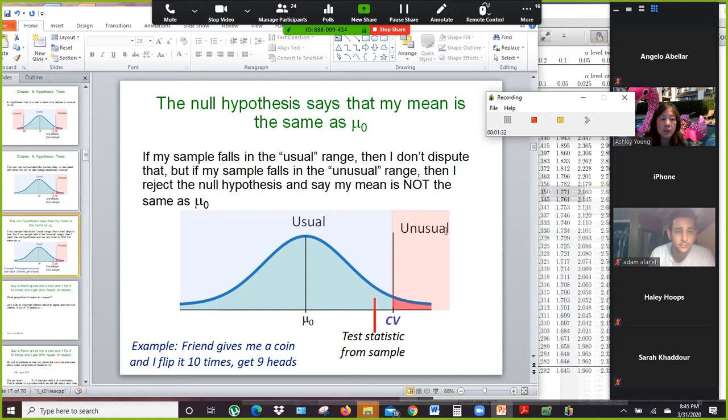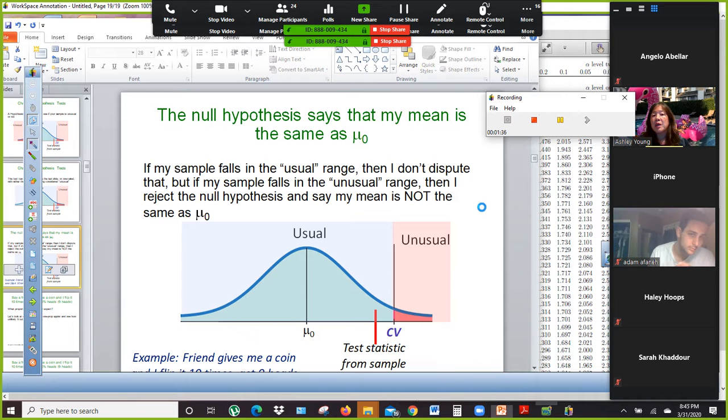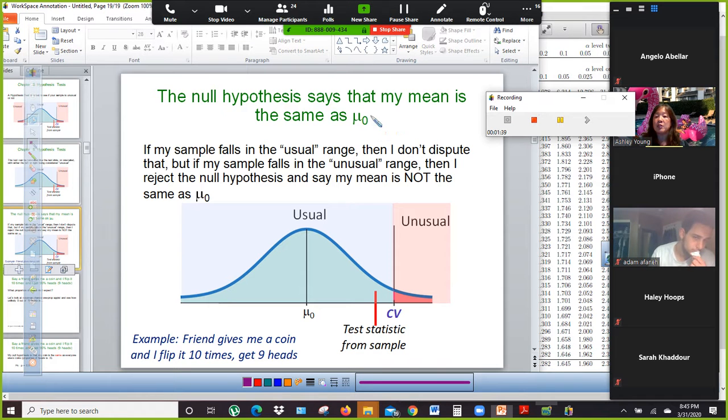So this is how it works. The null hypothesis says my mean is the same as everybody else's mean, the whole world's mean. We take a sample.